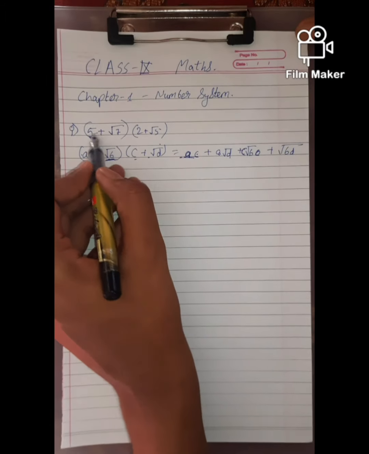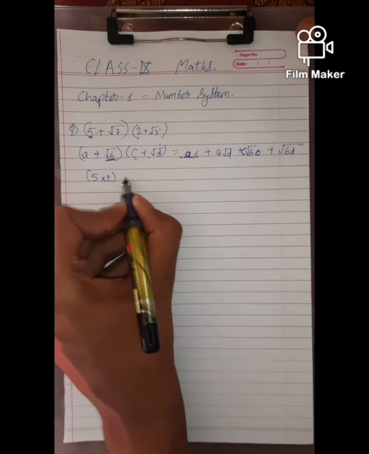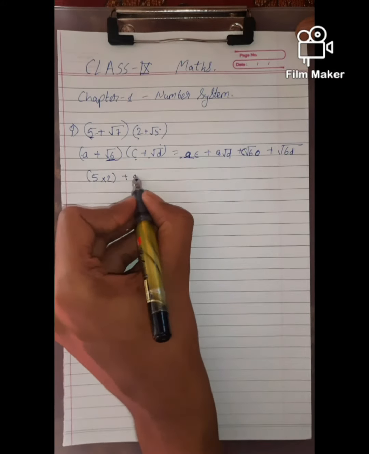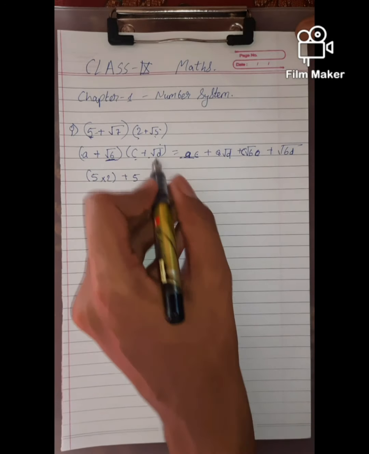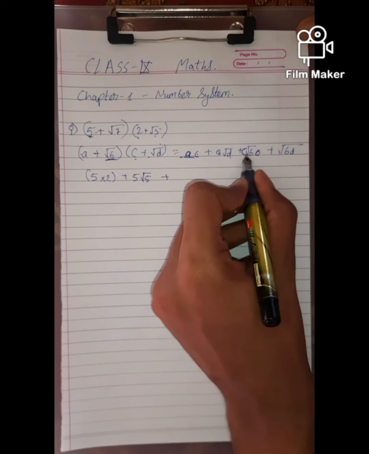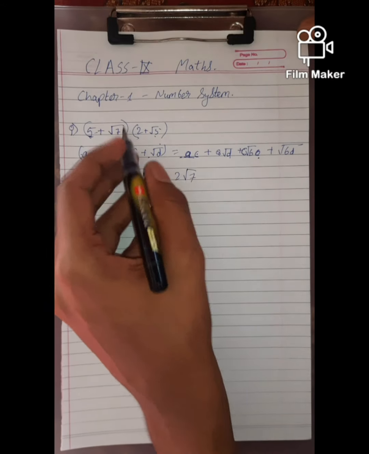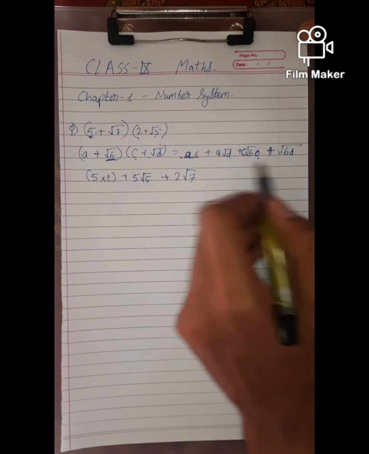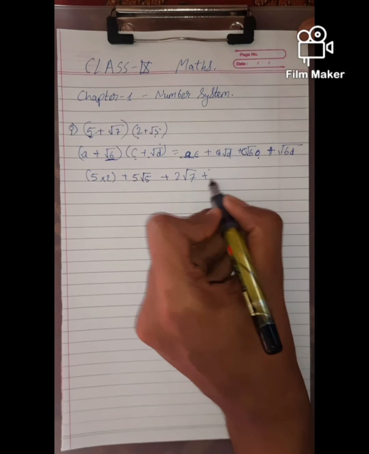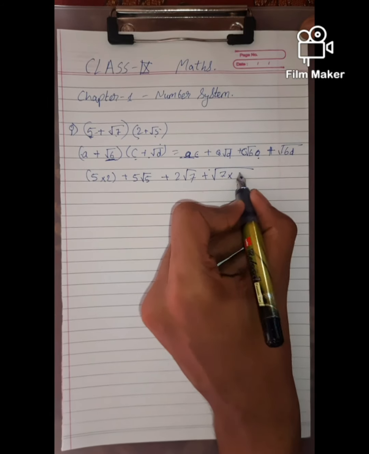First ac, a into c will be 10, 5 into 2, plus a is 5 and √d is √5, so 5√5, plus c√b, so c is 2 into √7, and the last one is √bd, so plus √7 into 5, that is √35.